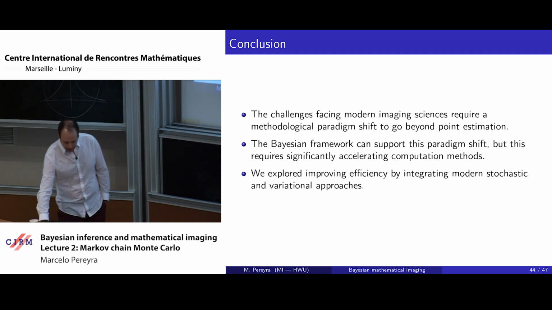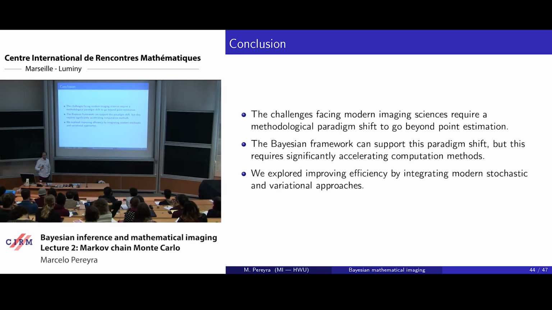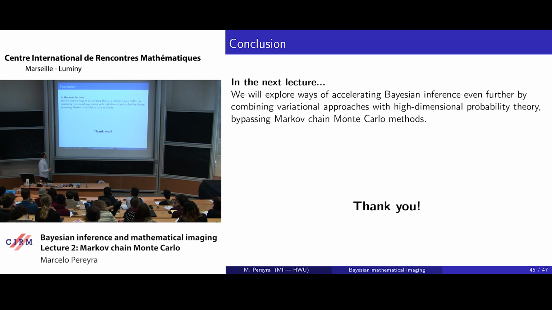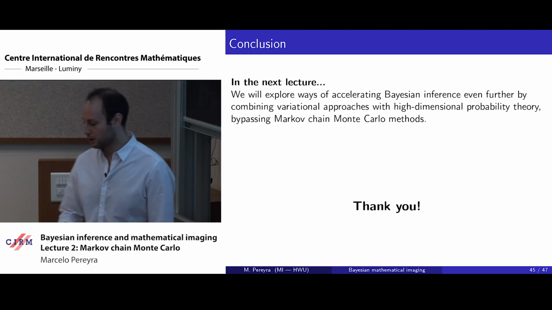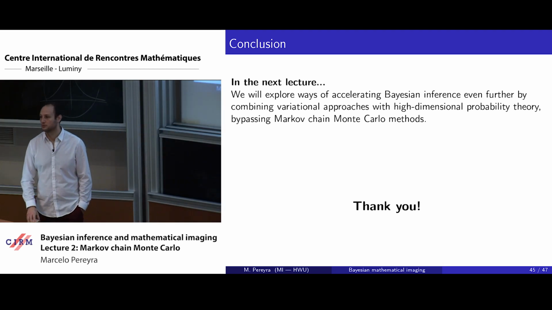And what I also like is the fact that it draws a lot from variational approaches, and it brings the two communities closer together, which is also something I think is important. And what we'll do tomorrow is we'll describe some strategies that avoid using Markov chain Monte Carlo at all.